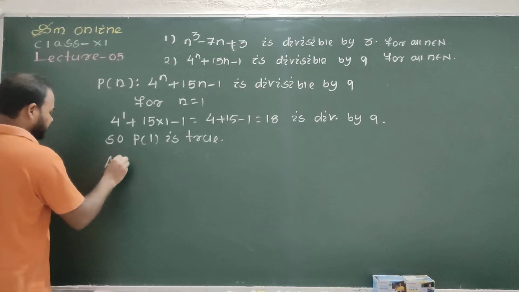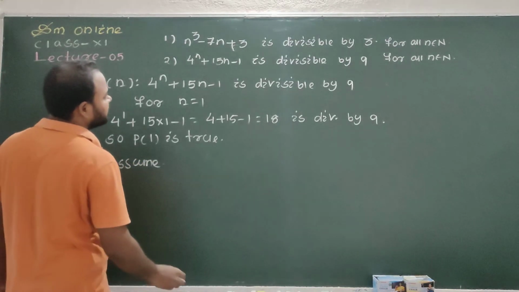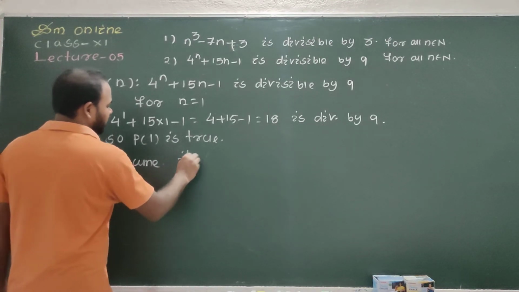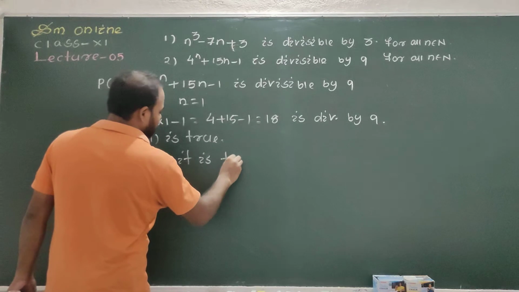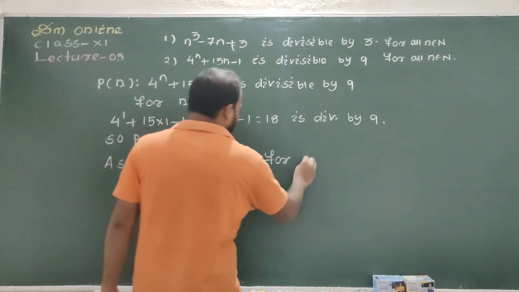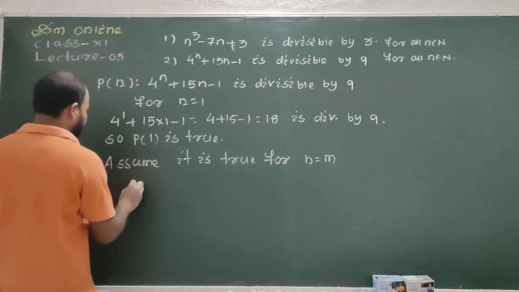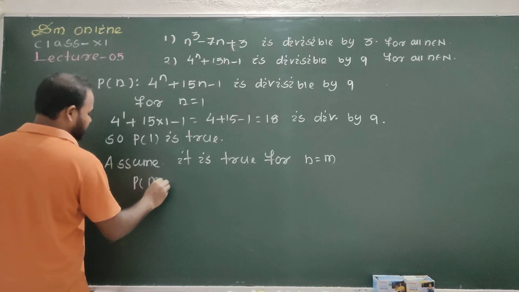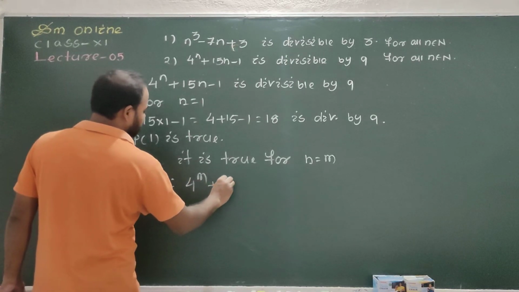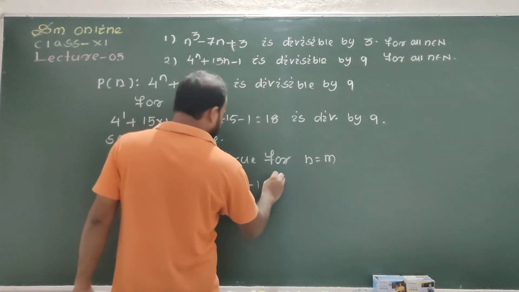Assume it is true for n equal to m, that is P(m): 4 to the power m plus 15m minus 1 is divisible by 9.